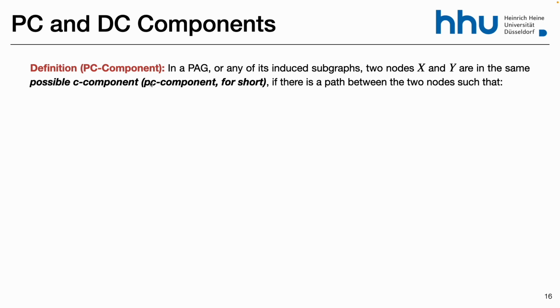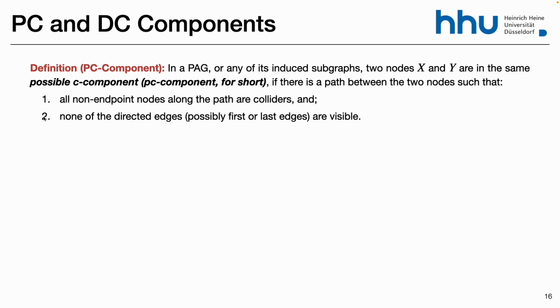So a possible C component, or PC component for short, is just a path between two nodes such that all non-endpoint nodes along the path are colliders, and none of the directed edges, which could be either the first and the last, are visible. Because you need to form a C component, right?